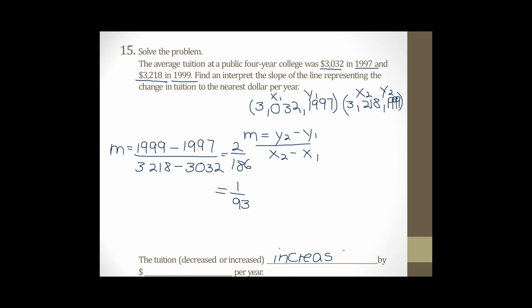Increased. Make sure you spell it the right way. And then by how much did it increase per year? Okay, because the top part basically gave me the year, right? And it's 1 year, so per year. And the bottom number is the dollar amount, so it increased by $93 per year.